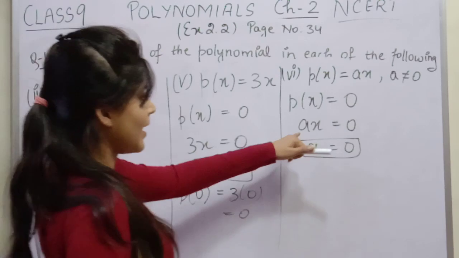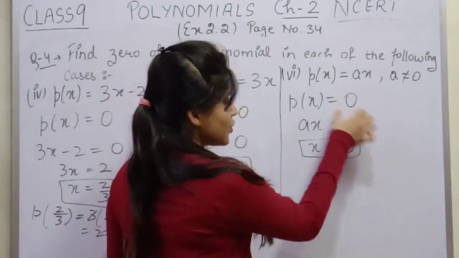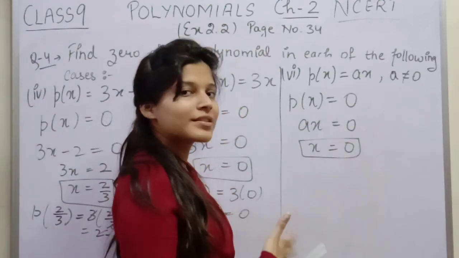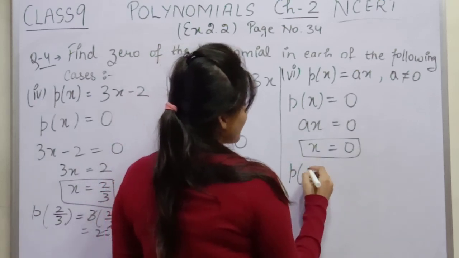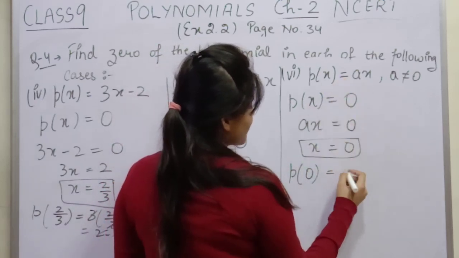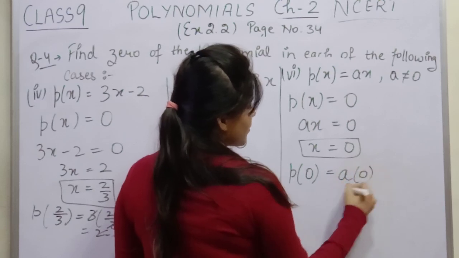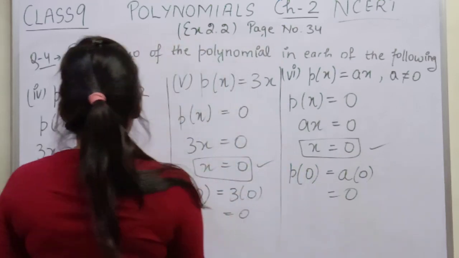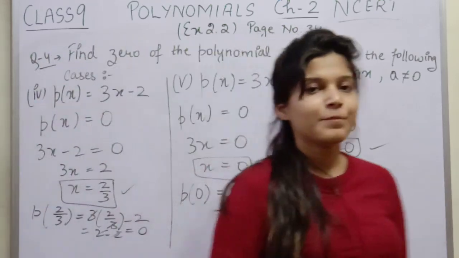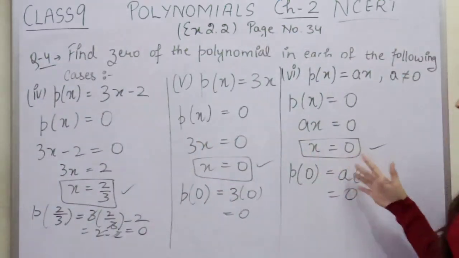Okay? Because a is here, so a goes there and divides 0, and anything divided by 0 is 0. So putting this value of x in the equation we'll get a into 0, which is again 0. So yes, this is the zero of the polynomial. Okay? So this was fourth, fifth and sixth part.